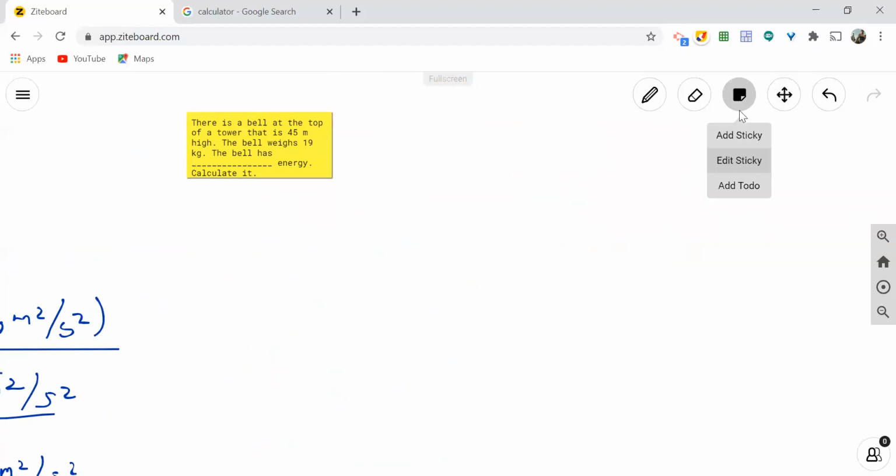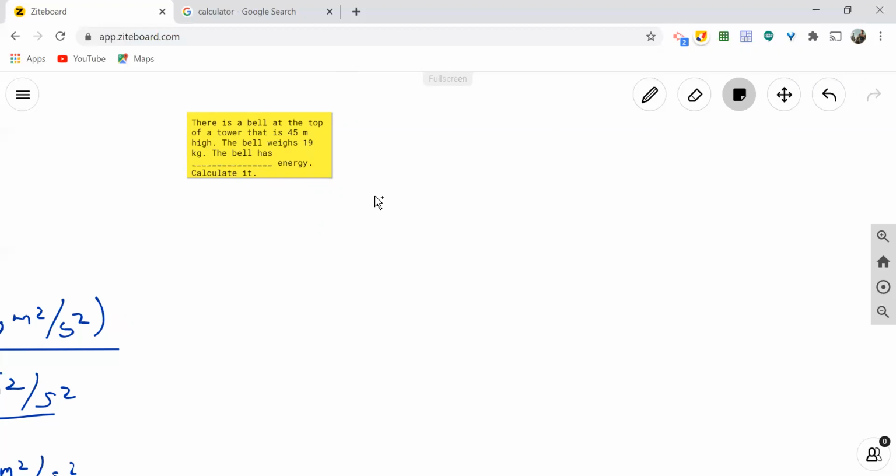Next problem here is, there is a bell at the top of a tower that is 45-meter high. The bell is 45-meter high and it weighs 19 kilograms. The bell has blank energy. Calculate it. Again, let us analyze the problem. Sa taas ng tower ay merong bell na 19 kilogram ang bigat.